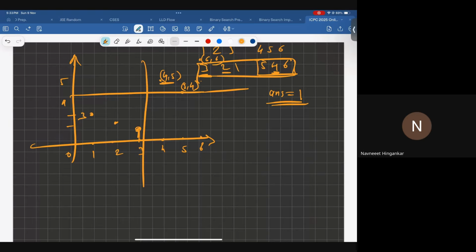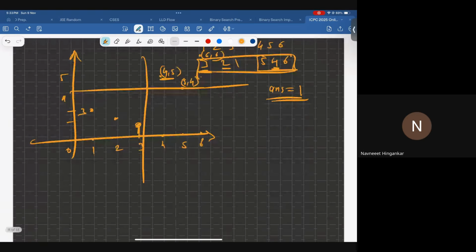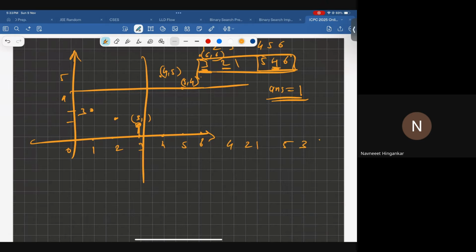Let's say I removed, what was this number, 3 comma 1, right? The moment I exchanged this 3 and 4, my new permutation becomes 4 2 1 5 3 6. So after this, this becomes 1 comma 4.